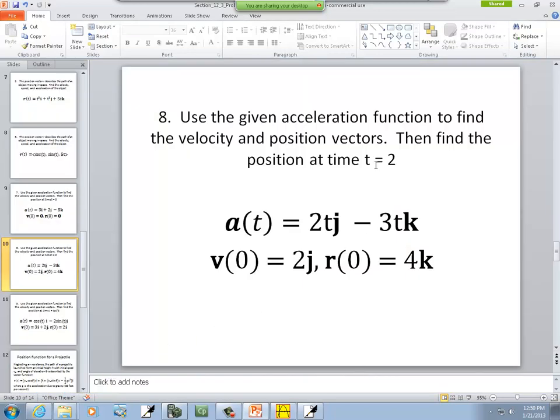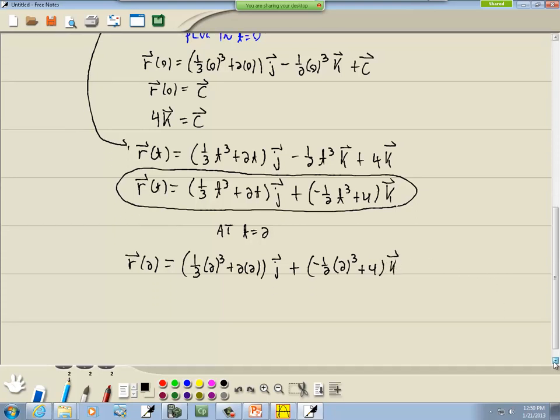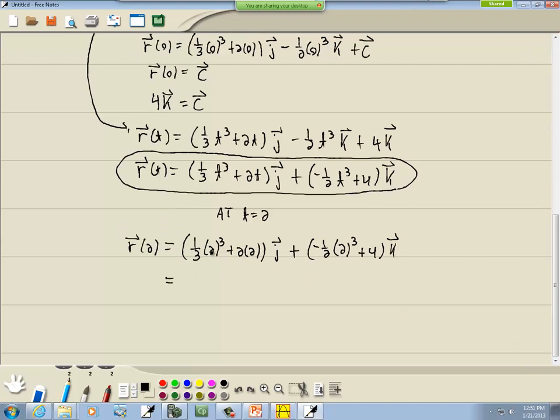Now they want to know the position at time t equals 2. So at t is equal to 2, we're going to find r of 2 is equal to 1/3 times 2 to the third power plus 2 times 2j plus negative 1/2 times 2 to the third plus 4k. 2 to the third is 8, so this becomes 8/3 plus 4j.